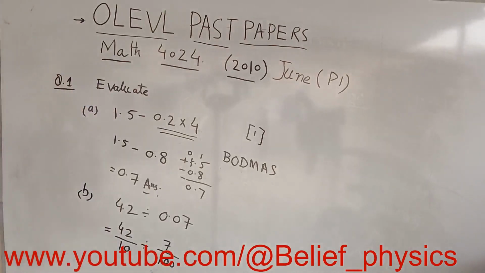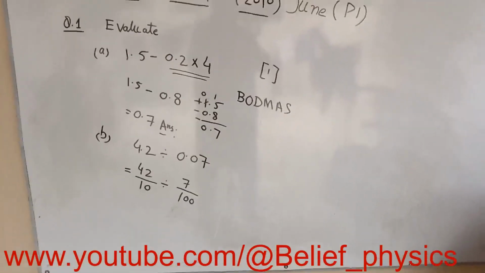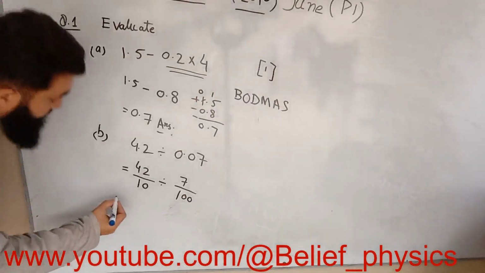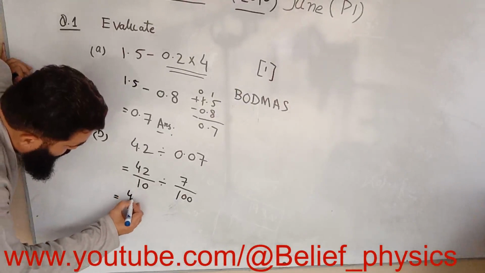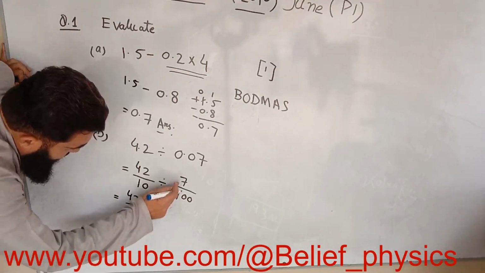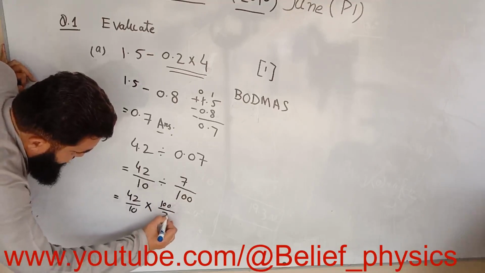Now we have to divide the two common fractions. How to divide two common fractions? We change the division sign into multiplication. 42 over 10 becomes multiplication, and this becomes 100 over 7.